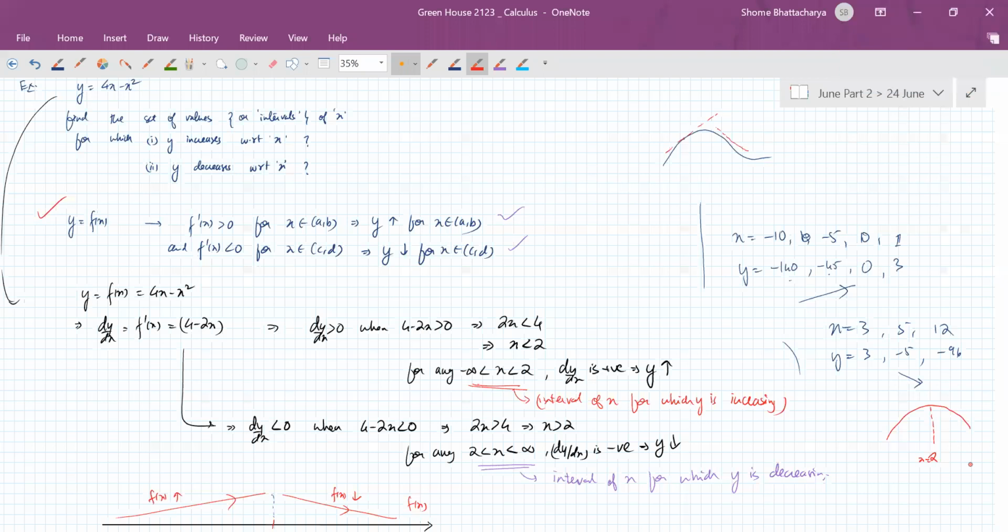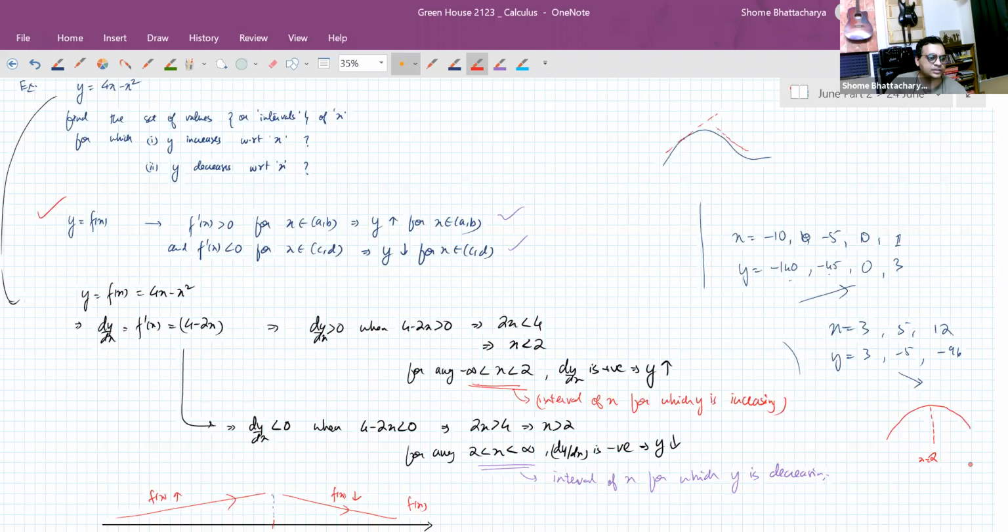Sir, so what's the use of finding the derivative? From that only I found out where the derivative is positive and where it is negative. Otherwise, how would I have analyzed that up to 2 it is increasing and after 2 it's decreasing? How did we get this interval? This is the answer to the question.